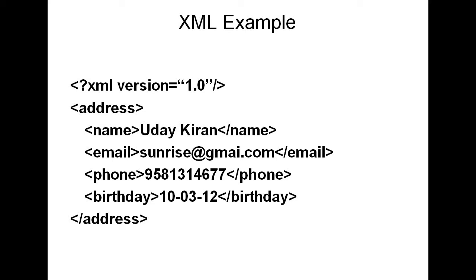Then, as I said earlier, your XML file should contain a root tag. So in this example, address is the root tag, and within the address, I have name, email, phone number, and birthday.